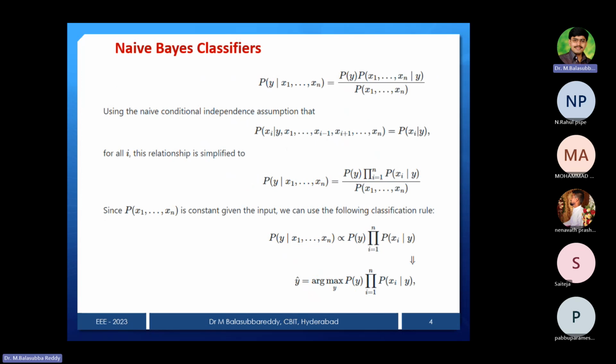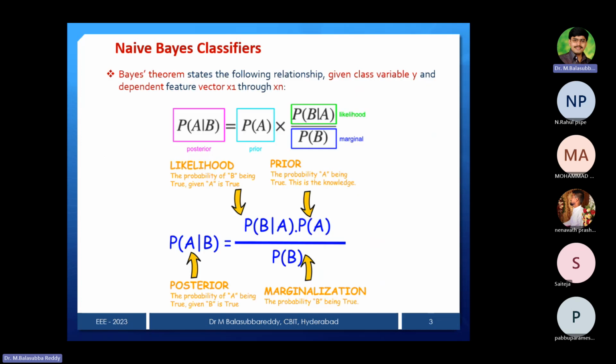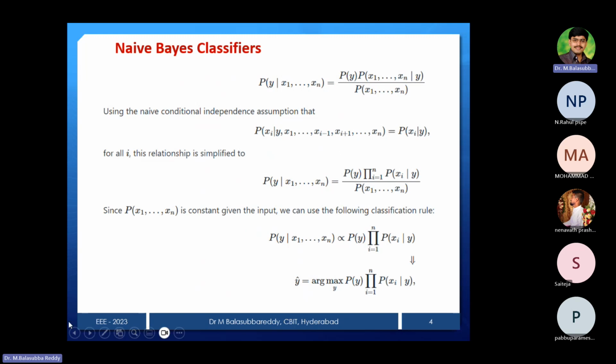For that, there are small mathematical relations. As I said, y is a variable. Given class variable y and dependent feature vector x1 through xn, in a similar fashion you can see the probability of y output, with x1, x2 as features.